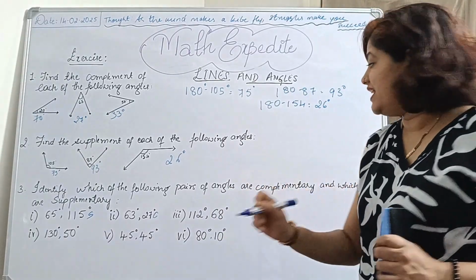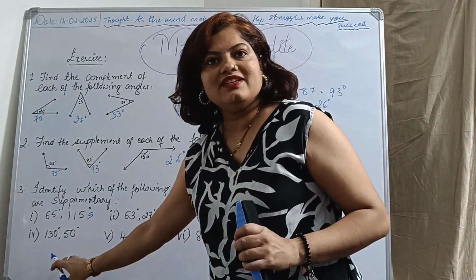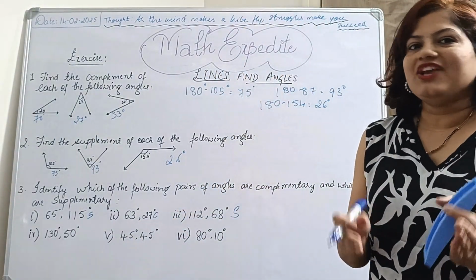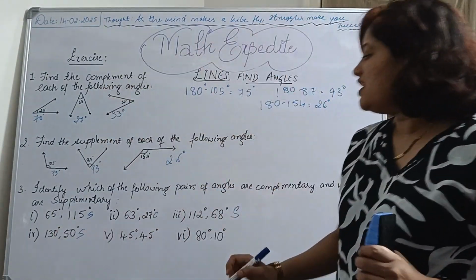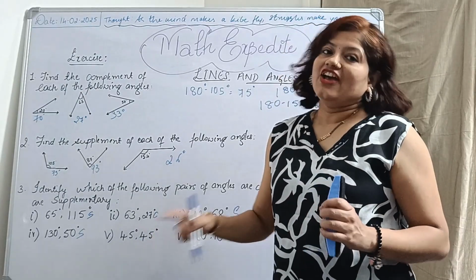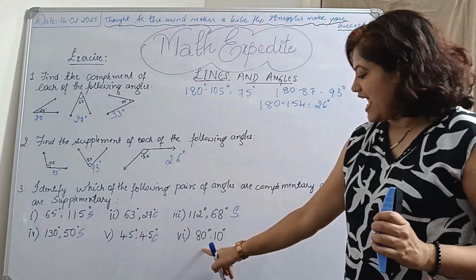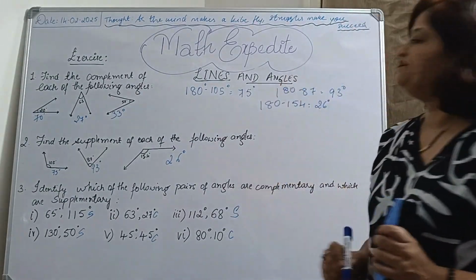It is 180, so it is supplementary. Here 130 and 50, when you add it, you're getting 180, so it is supplementary. Perfect. So 45 and 45, we get 90, so it is complementary again. Then 80 and 90, the total is 170, so definitely it is not complementary.